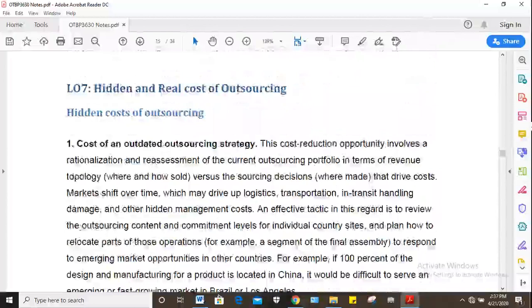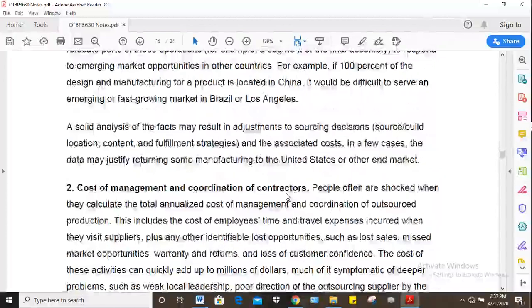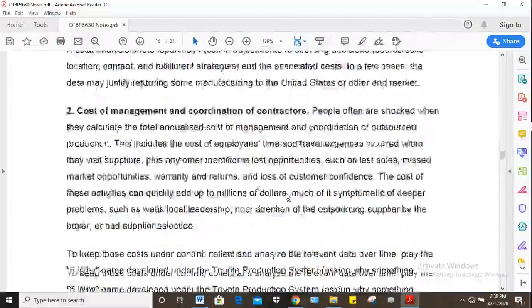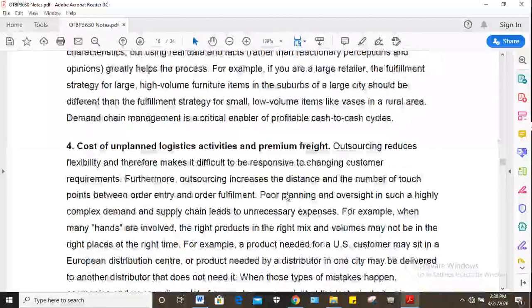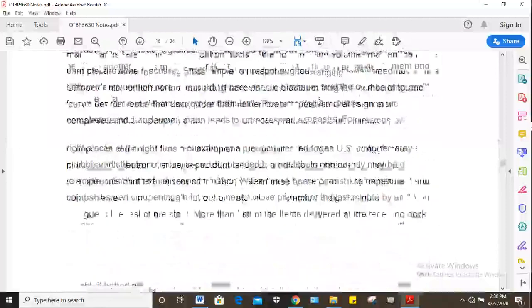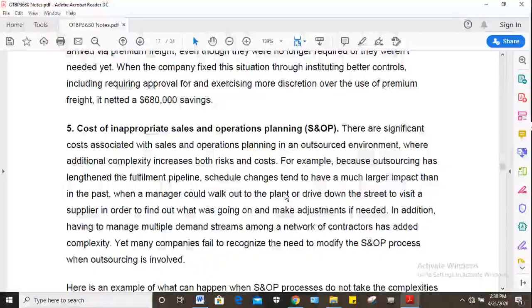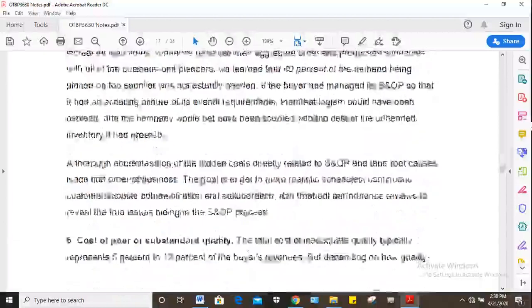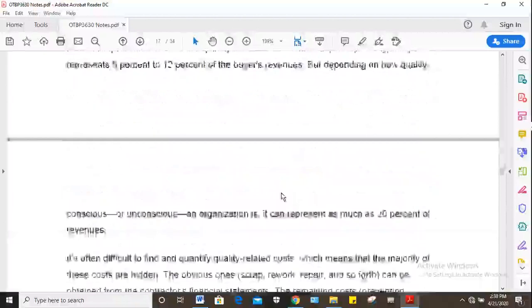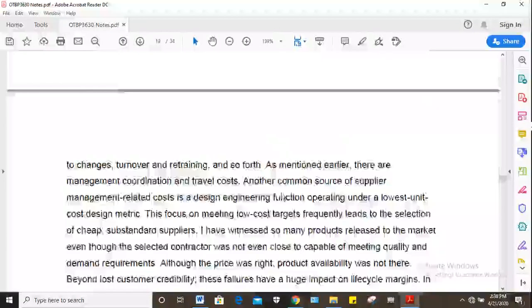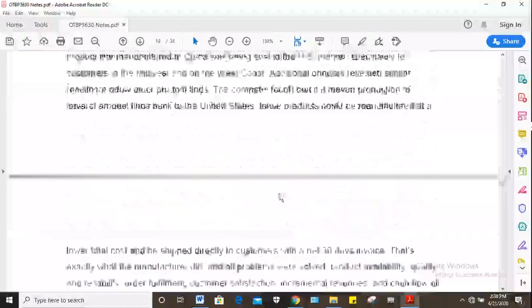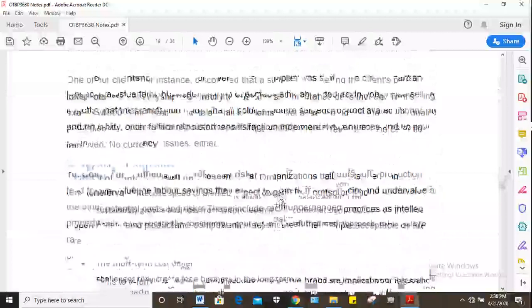I'll just quickly mention that in terms of hidden costs, we've got cost of an outdated outsourcing strategy, cost of management and coordination of contractors, then cost of subpar inventory performance, then also there is cost of unplanned logistics activities and premium freight, then cost of inappropriate sales and operations planning, then there is also cost of poor or substandard quality, then cost of warranty, returns and allowances, then cost of supplier management, cost of cash flow, cost of unplanned and unforeseen risks.